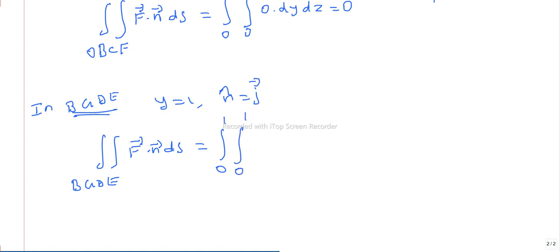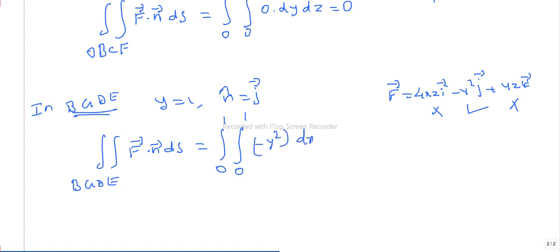But if you dot product with n, what is actually F? F is 4xz i minus y square j plus yz k. If you dot product with j, only this term is not zero, all other terms are zero. Therefore we get minus y square dx dz, because the only variables are x and z, because y is fixed at 1.